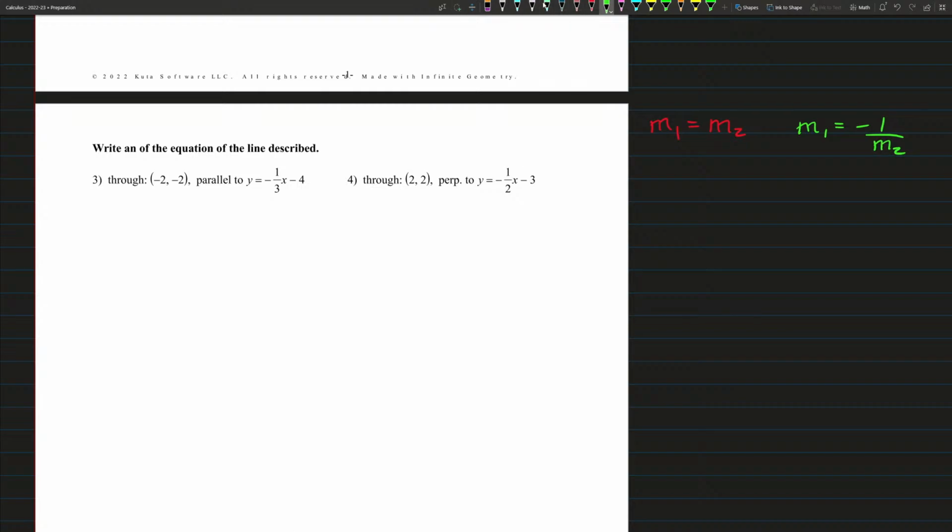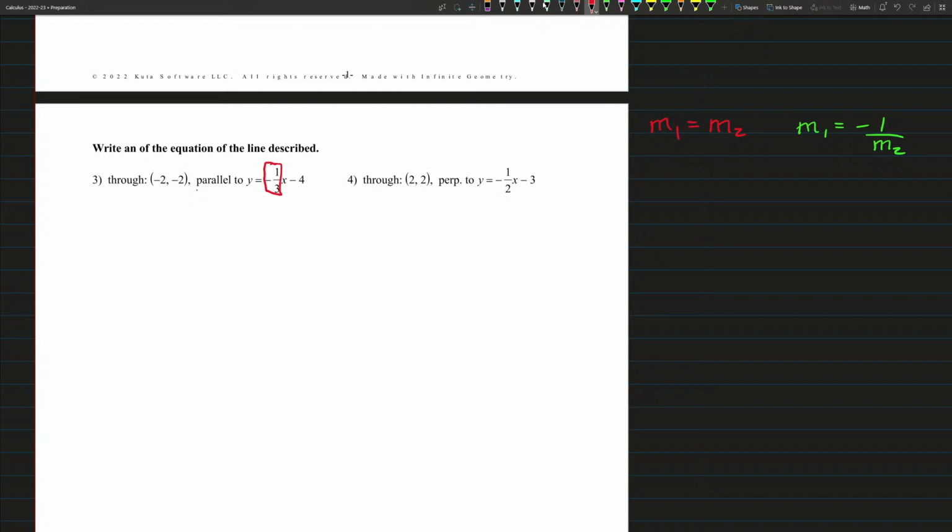Okay, so write the equation of the line described. So through -2, -2, parallel to y is equal to -1/3 x. I'm going to do every single question, so just sit tight. So we have our slope.